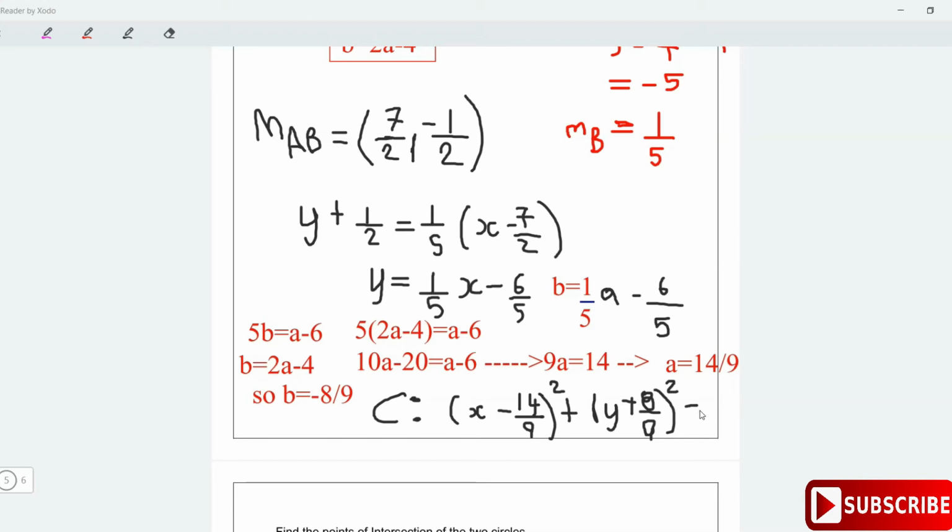And what is r? 3.23. So it's 3.23 squared. That's the equation of the circle.